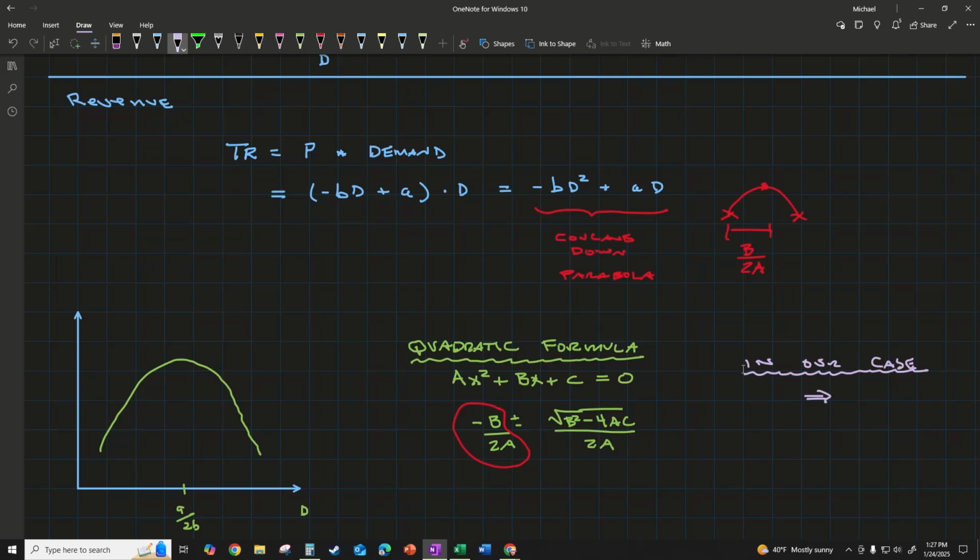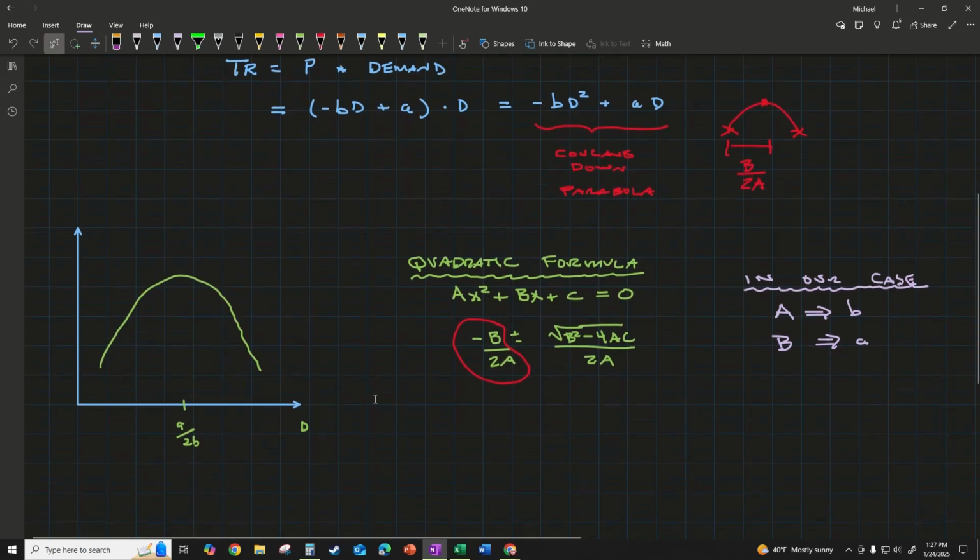For us, our A is little b up here, of course, and our B is little a. So that's why you get A over 2B now, as in the book.